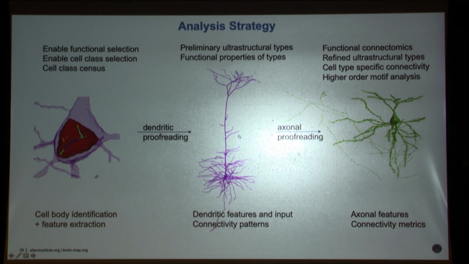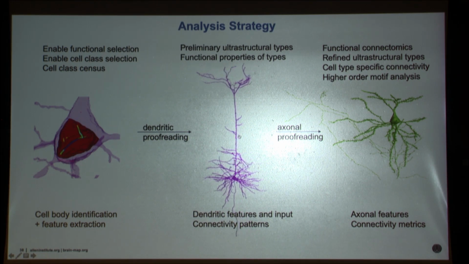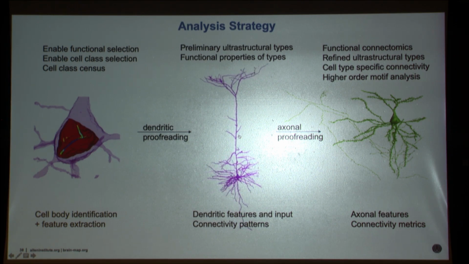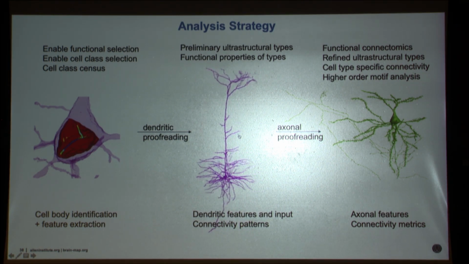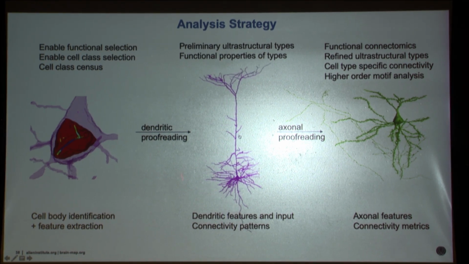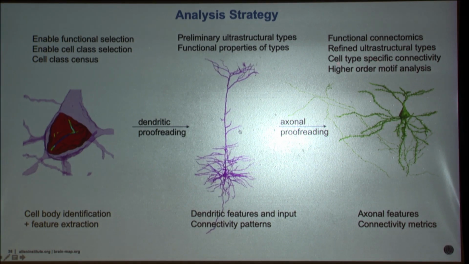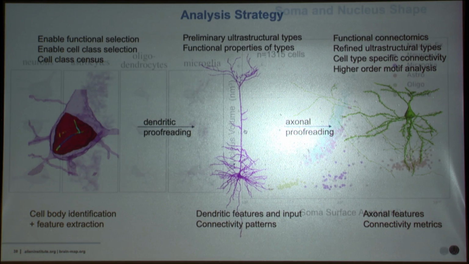That's what we can do without any proofreading, without any human work on the segmentation. Then we can do a bit of proofreading, because these segmentations don't start out perfect, finish the axon and the dendrite morphology, and then finally do science from functional connectomics through network science.